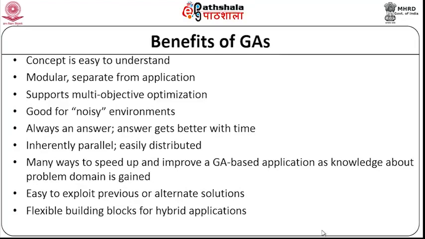Some of the benefits of GA technology are that it is modular, it supports multi-objective optimization, it supports noisy environments, it is good when you want incremental learning to happen, and it is parallelizable. So, all these are some of the benefits of GA technology.